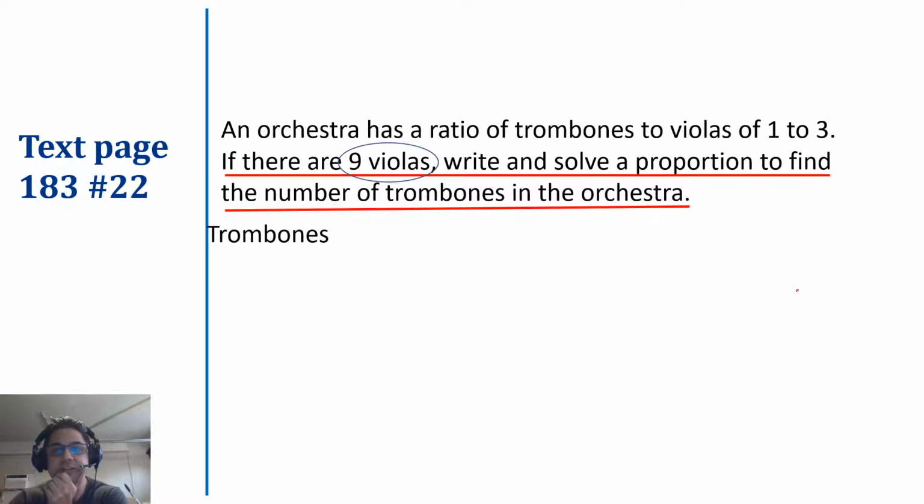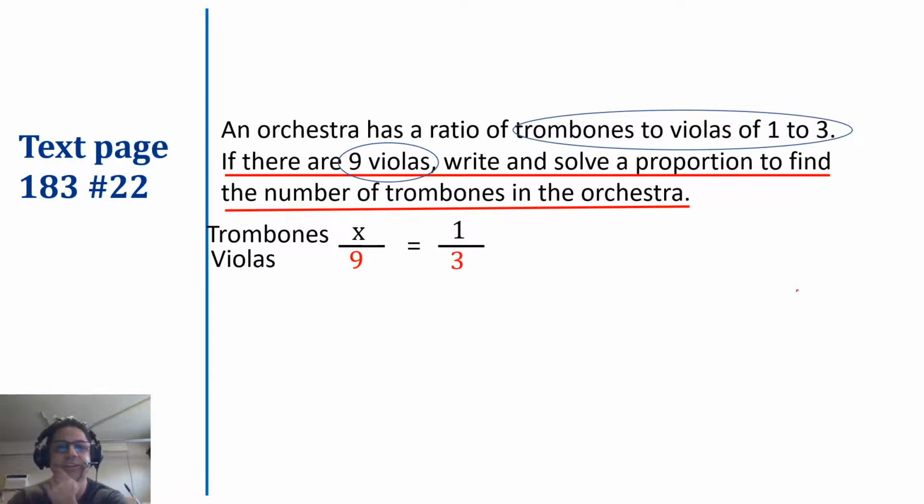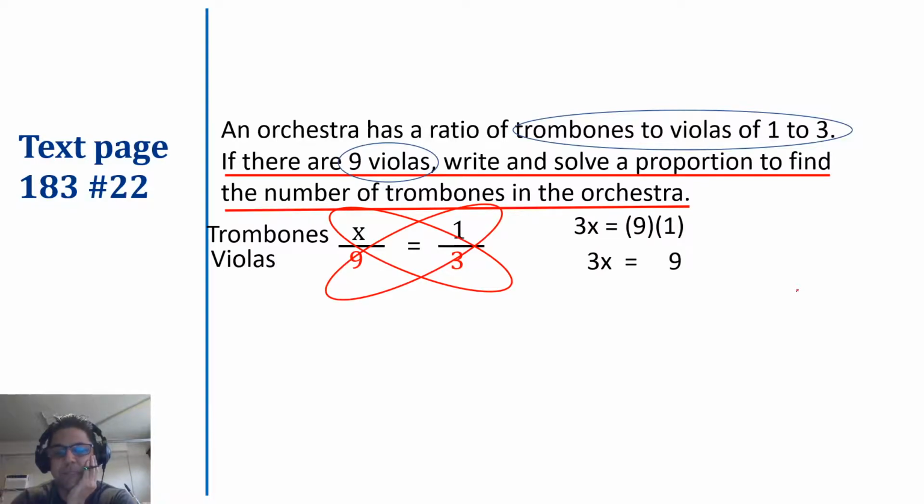Trombones are unknown, and there are 9 violas in the orchestra. The ratio is 1 to 3, 1 trombone for 3 violas. So x times 3 is 3x. 1 times 9 is just 9. You guys got this in your head.